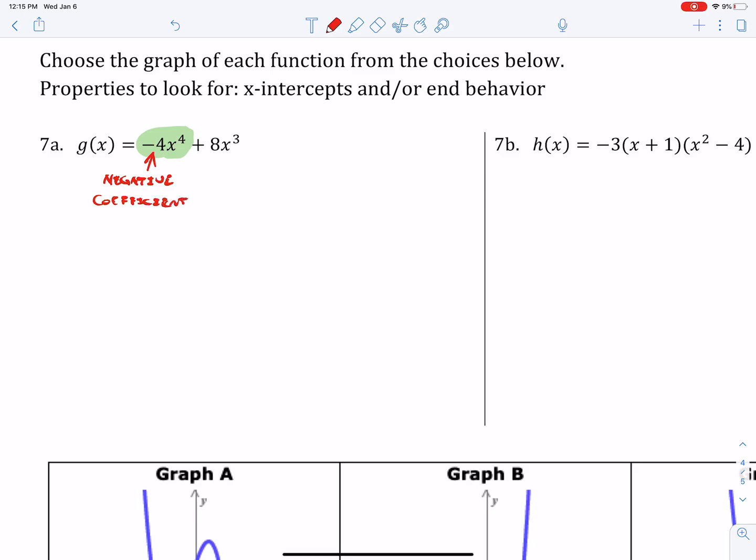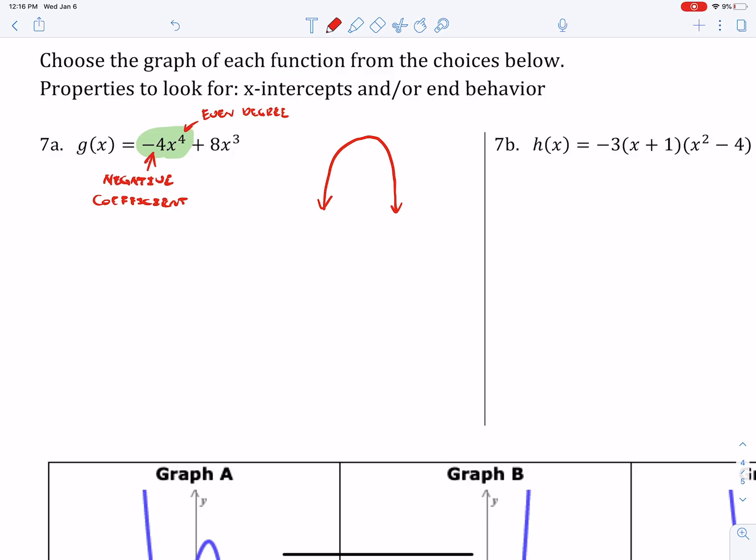And then it's an even degree. What that shows us is that when I have an even degree, I'm dealing with a parabola. I need to decide, is this parabola facing up or facing down? It's a negative coefficient, so I know it's going to face down.